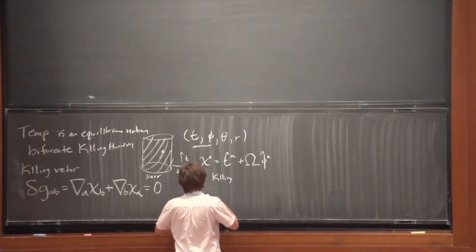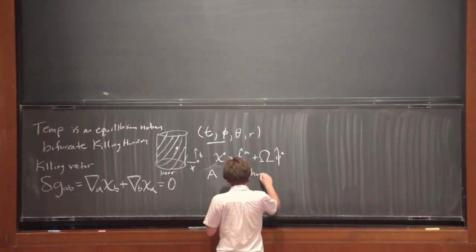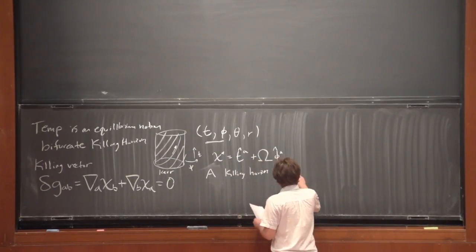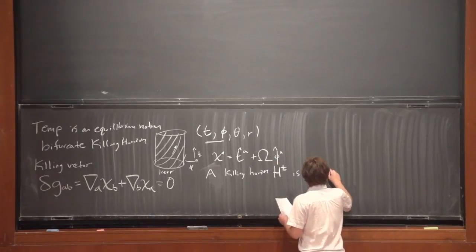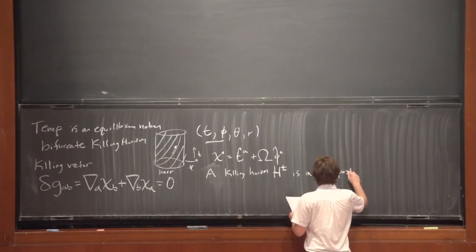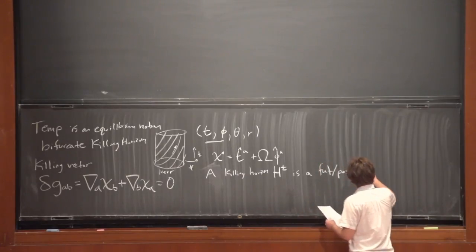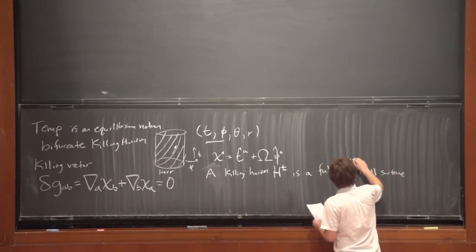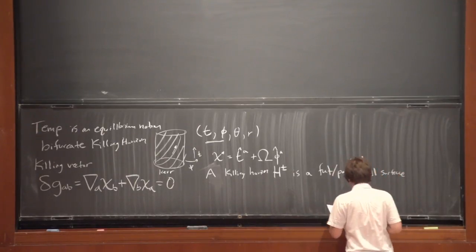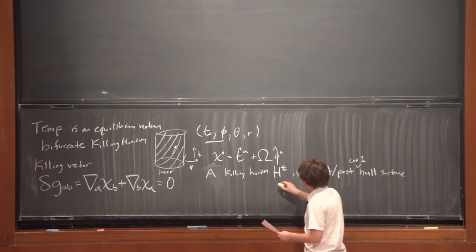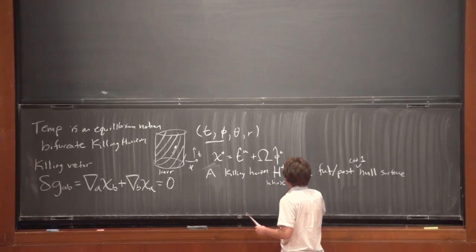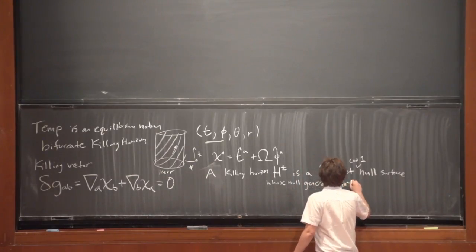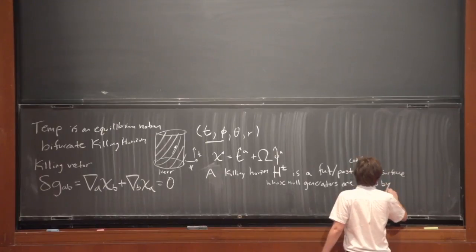Well, maybe I should start by saying a Killing horizon, H plus or minus, is a future or past, depending on whether it's plus or minus, codimension 1 null surface in the space-time, whose null generators are ruled by the Killing vector.